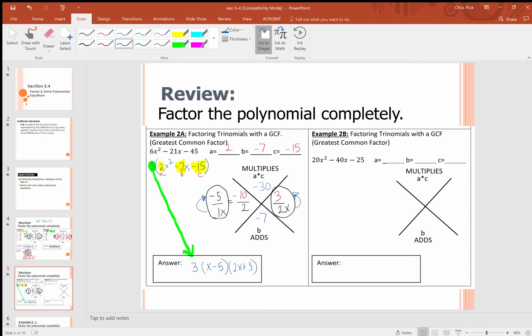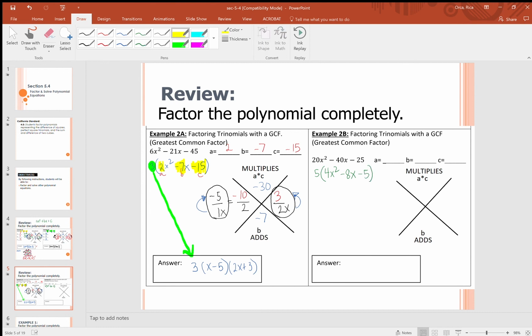If you look at those three numbers, what are all those three numbers divisible by? That common number is our GCF. 20, -40, and -25 are all divisible by 5. 5 times 4x squared is 20x squared. 5 times -8x is -40x. 5 times -5 is -25.